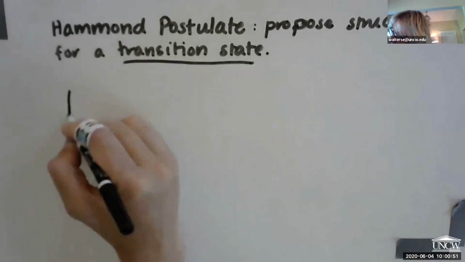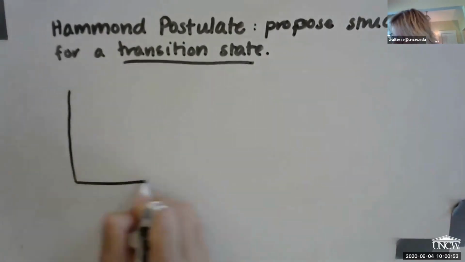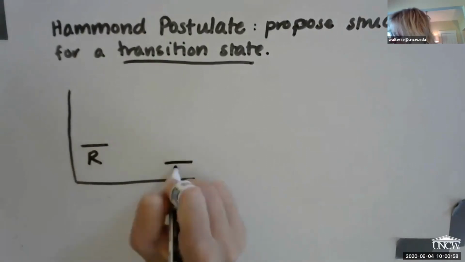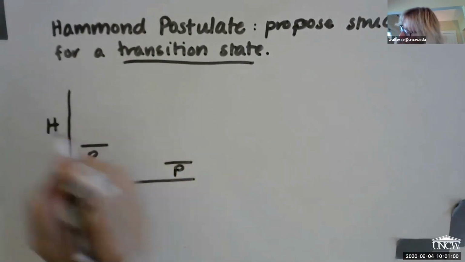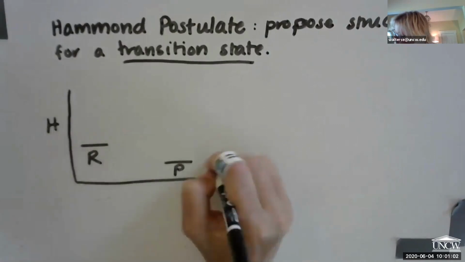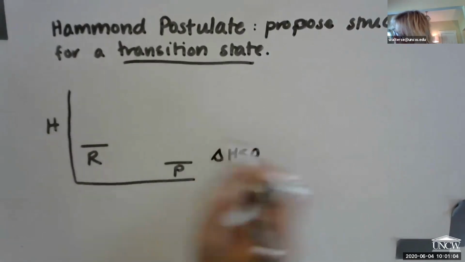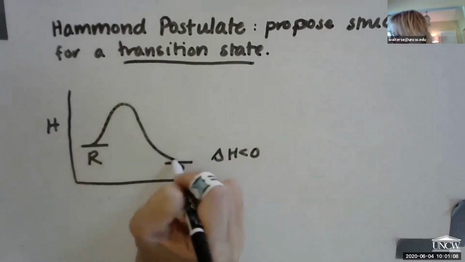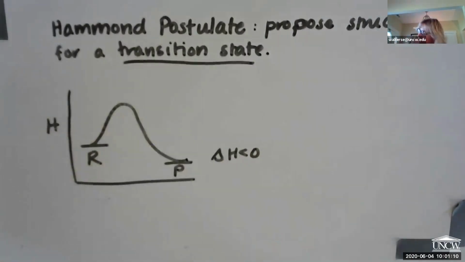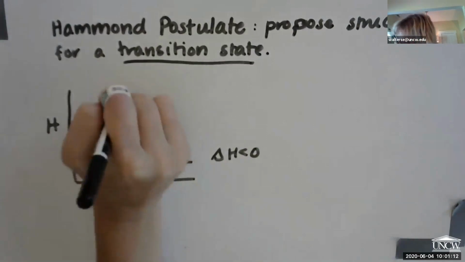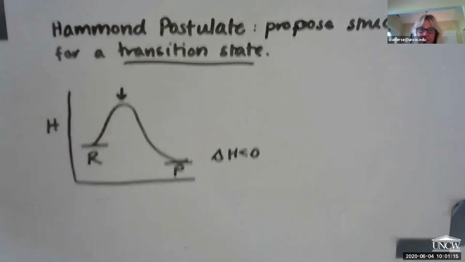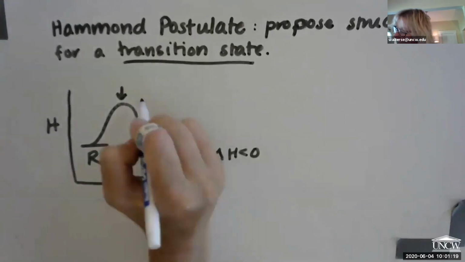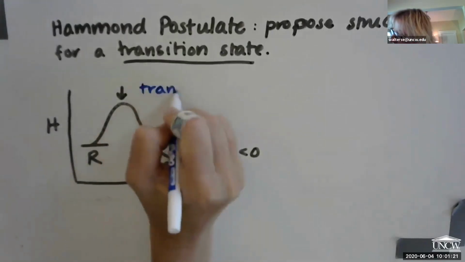When you have a reaction, so this is an exothermic reaction, you have a point up here. This point is called a transition state.